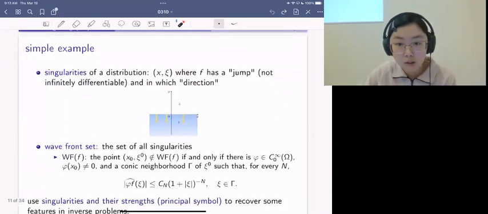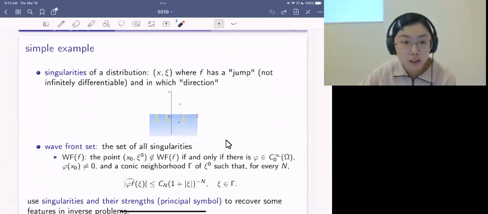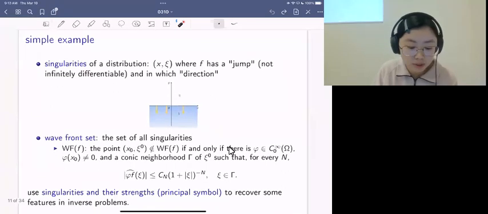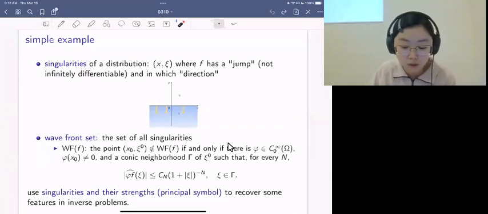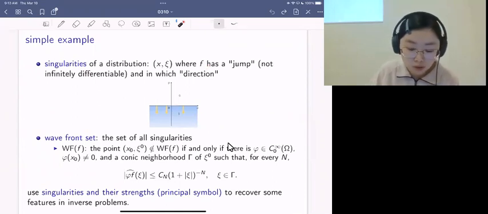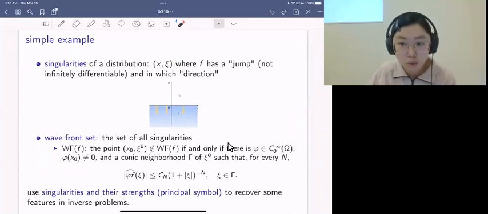So what are singularities? One simple example: they are the covectors at a point x, in a given direction, where a function or a distribution has a jump. By jump, we mean f is not smooth.